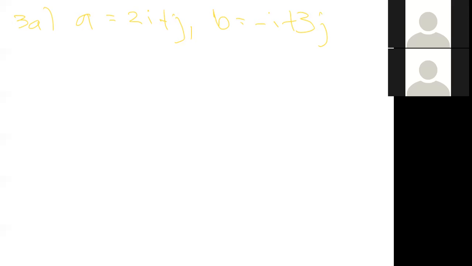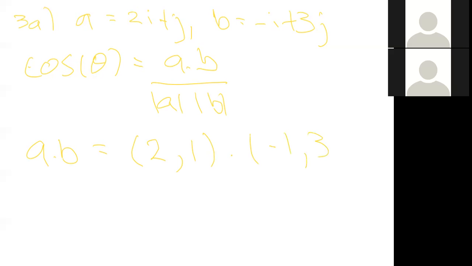Firstly, we've got this formula which he gives us in the question: cosine of the angle equals the dot product of A and B over the magnitude of A times the magnitude of B. For the dot product, the way I write it is to change it into the form where we get rid of the i's and j's. So we have 2 and 1 dotted with -1 and 3.